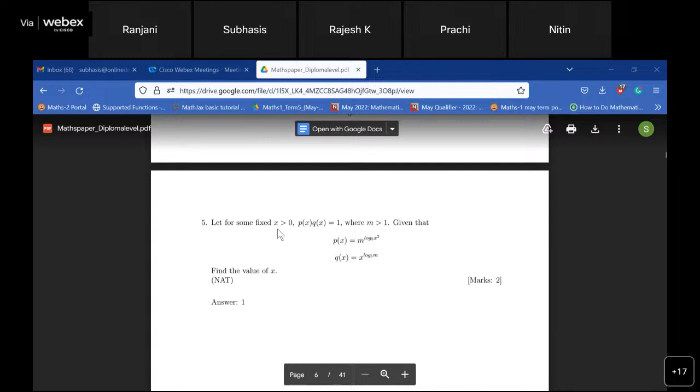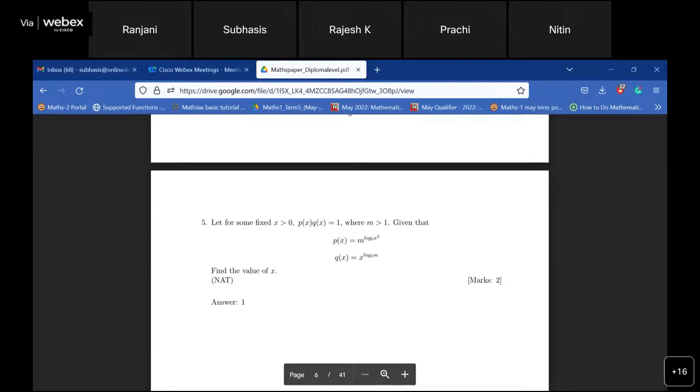So you have two things, right? You have p of x, which is m power log 5x square. Sorry, is this log 5x square, or log x square to the base 5?